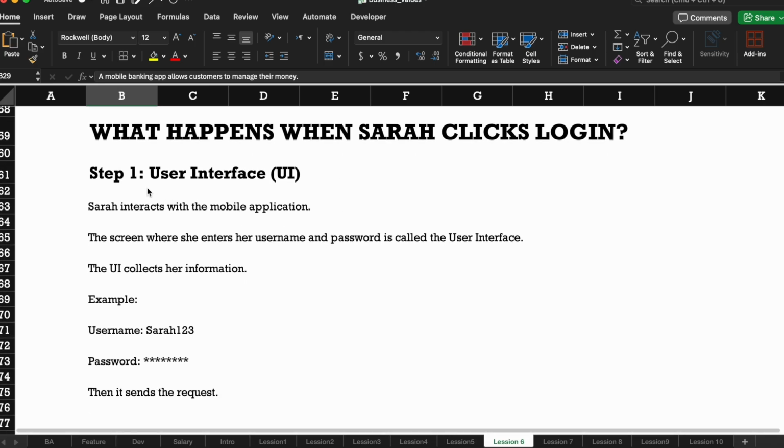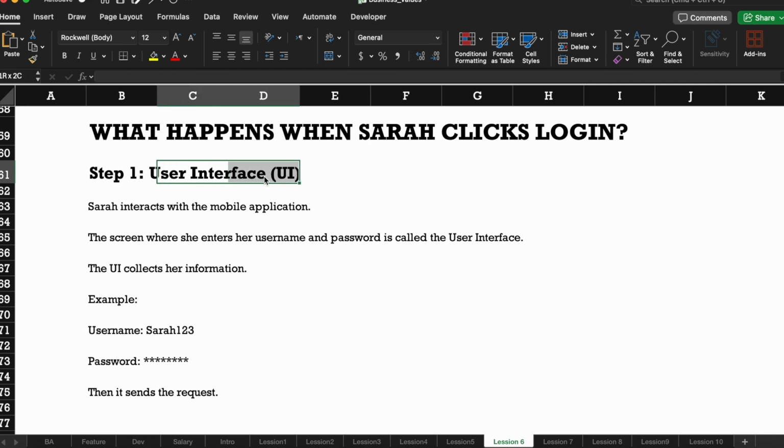Let's understand. Step 1, user interface. User interface is like UI. It's like your remote control. If you look at your remote control or your keyboard, you see some buttons, right? That's the user interface, what you see. But when you press the delete button, it deletes your text. When you click the volume increase button, it increases the volume on your TV.